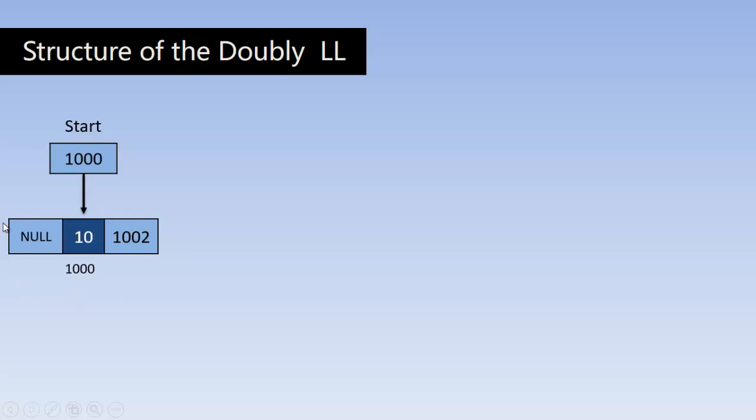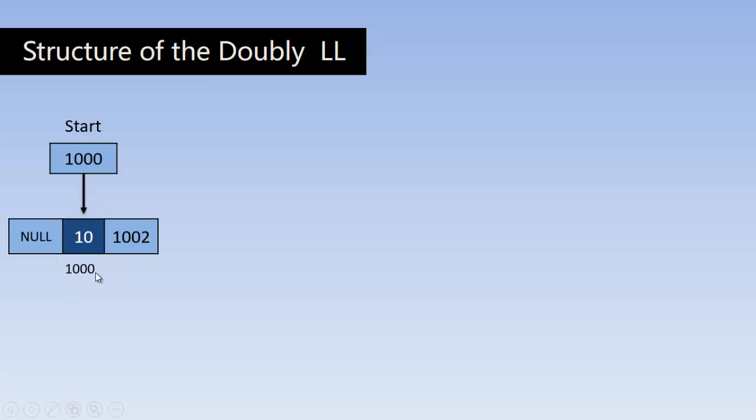Since this is the first node in the list, the previous pointer or the left pointer has got null data, because this left pointer is not pointing to any node at all, as there is no node before this. This is the right pointer, which has the address of its next node, the address of the successor node.